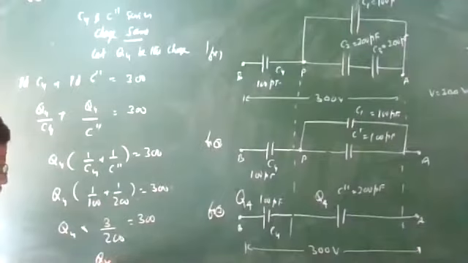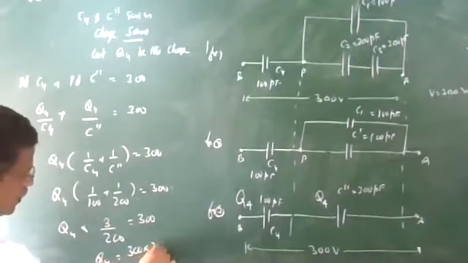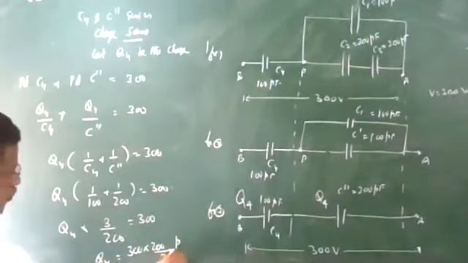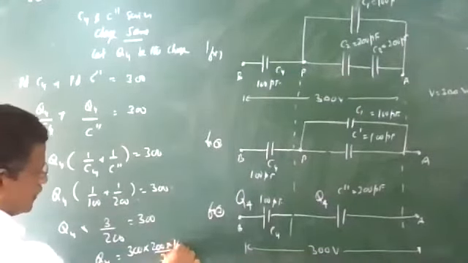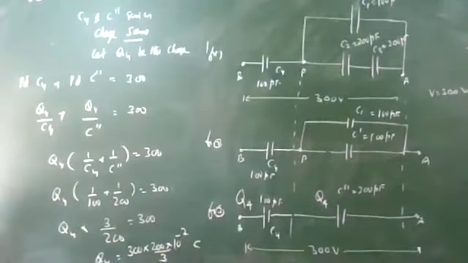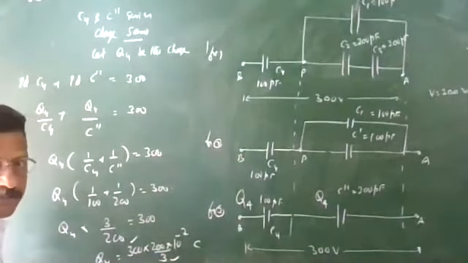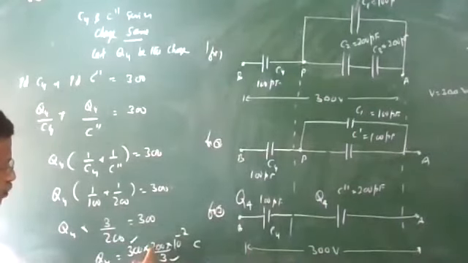So Q4 is equal to 300 into 200 by 3, in picofarad, that is 10 to the minus 12. How many coulomb? Simplify and tell me the value of the charge here. The 3 cancels, and you have 2 and 4 zeros.